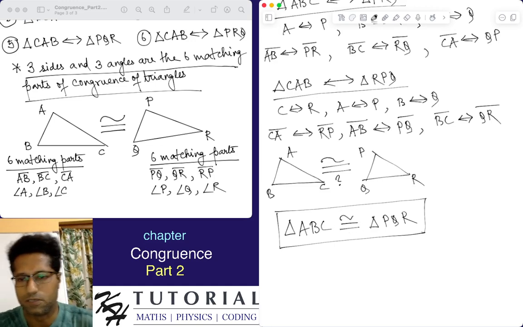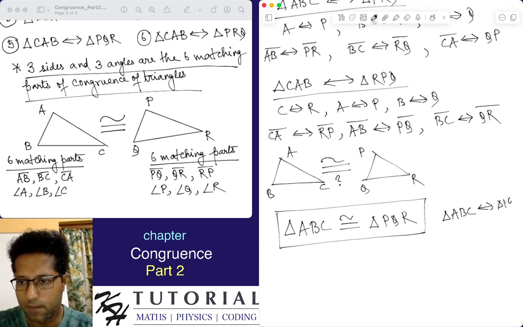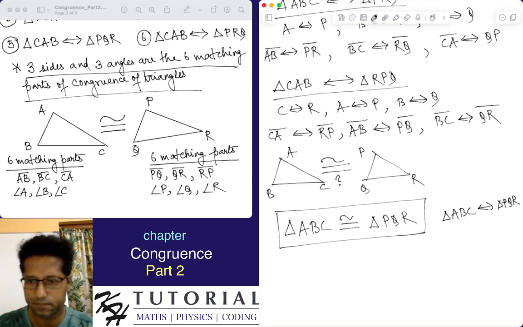So when I specify this, that is, on the left hand side I have a triangle named, and on the right hand side I have a triangle named, I am automatically specifying a particular matching or correspondence between the two triangles, which is triangle ABC mapped to triangle PQR. And we know what this mapping means. We have just studied or discussed this.